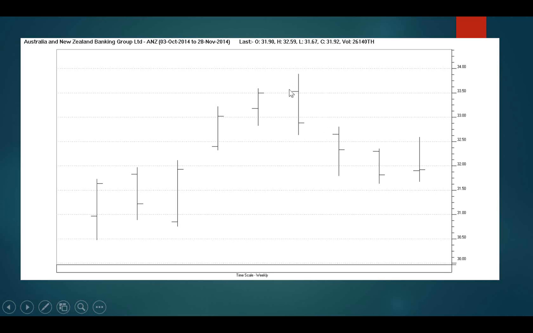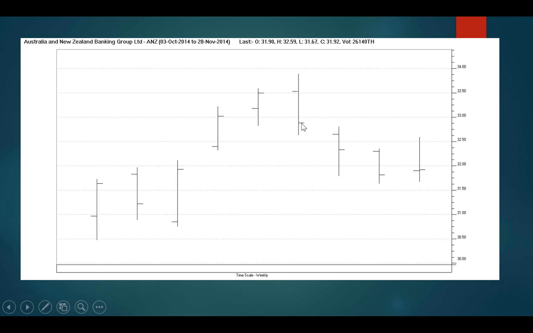Now these little pieces off to the left and the right, they're quite important as well, because this one on the left that points out to the left, that is the opening price. That represents the price at which the first trade was done for this company during the time period. So that would have been the first trade done on Monday morning when the stock market opens.